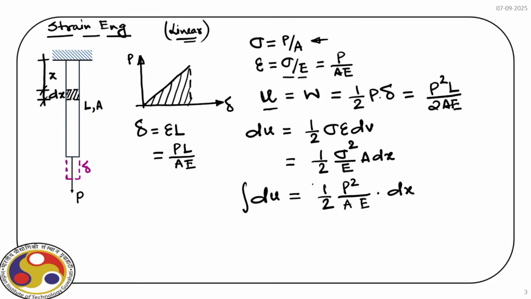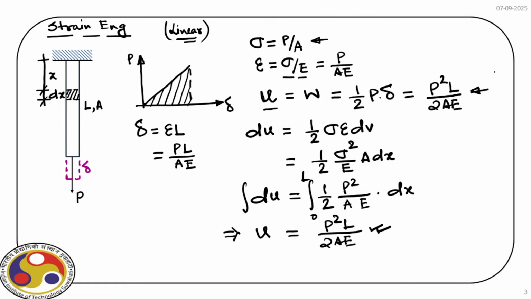Now if we integrate both sides, then the left hand side will get the total strain energy stored within the body, and in the right hand side we have P square L divided by 2AE. So we can see that the same expression we have derived, which we had earlier here, right?